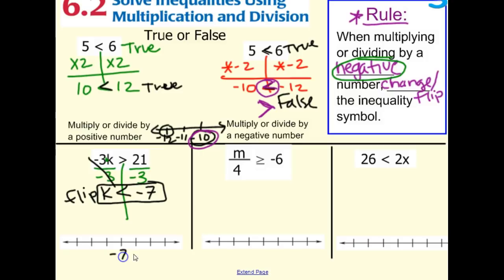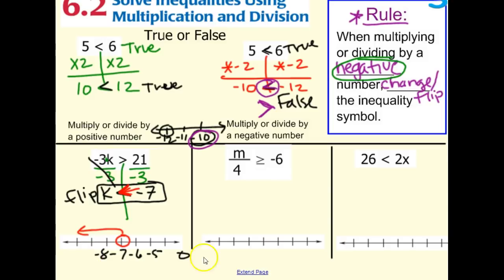So we have a -7. I'm going to go down towards 0 over here, up and away. So there's no equal to, so it's an open circle. And then like an L, less than -7 would be like -8, -9. Those are bigger negative numbers.